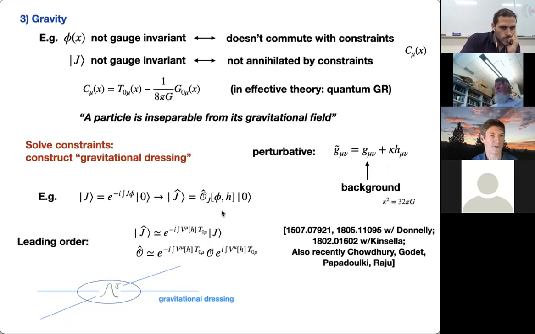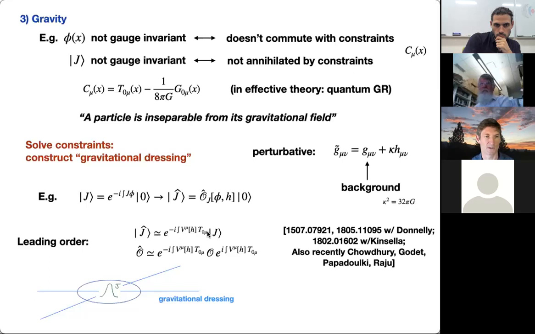The form of this state or of that operator can be written as the original state times the exponential of the integral of a certain functional of the metric perturbation times the 0 mu component of the stress tensor.